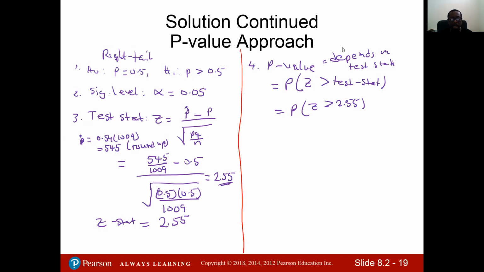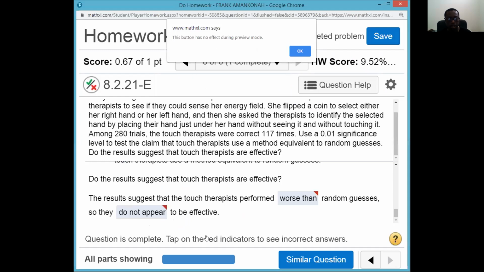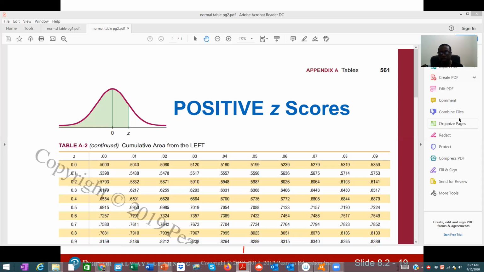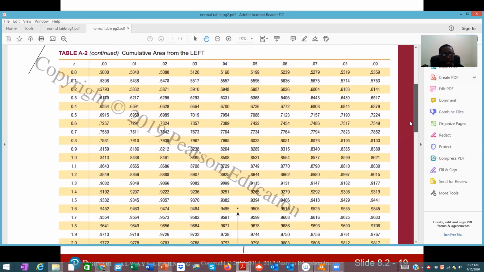Now, if I go to my table, let me share my table with you and find out the probability. So where's my table? Right here. Remember, we are looking for 2.55.